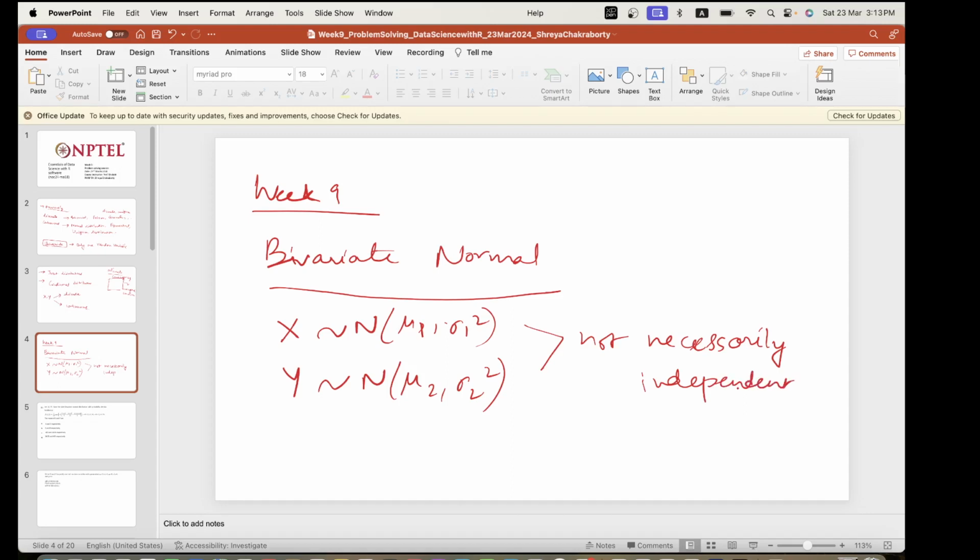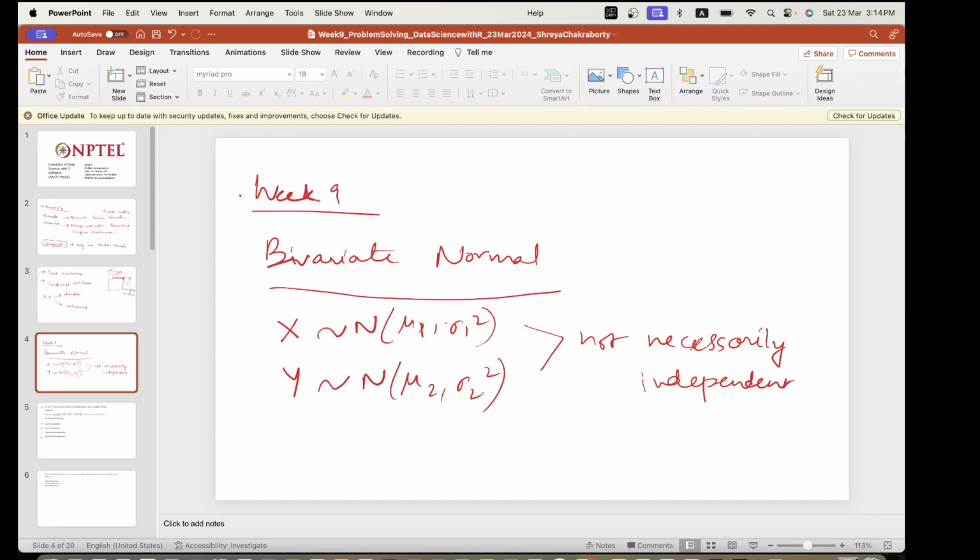That means there is some degree of correlation between x and y, and we learned how to write the PDF and the distributions. Just to brush up the concepts a little bit more, this is an extension of the normal distribution to two random variables.